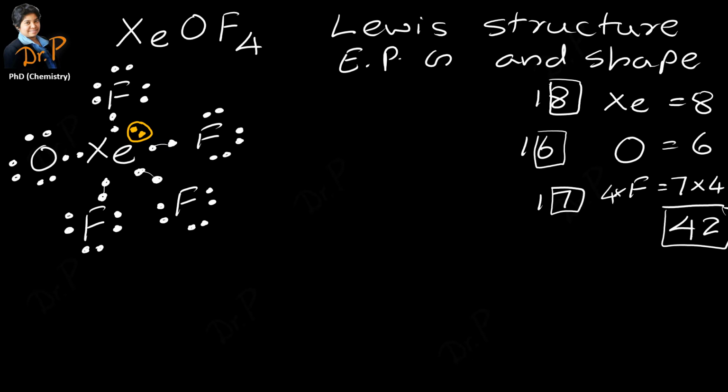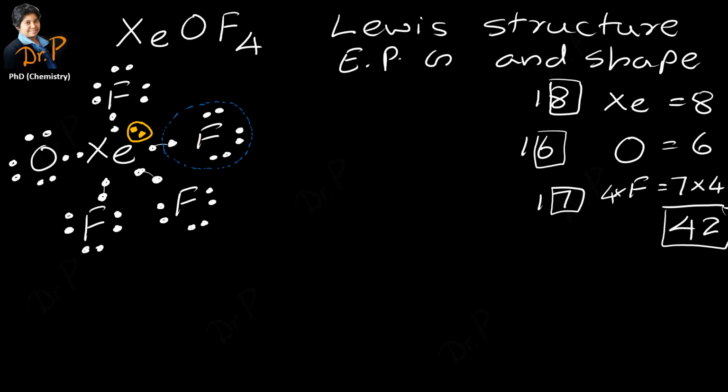In order to figure out if I have the best Lewis structure, I can calculate the formal charges. First, I will do the formal charge for fluorine. Considering a fluorine atom, all these lone pairs belong to fluorine, fully owned by fluorine. But in the case of the bonded electrons, only one can be assigned to the fluorine atom.